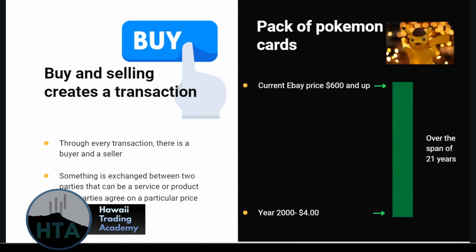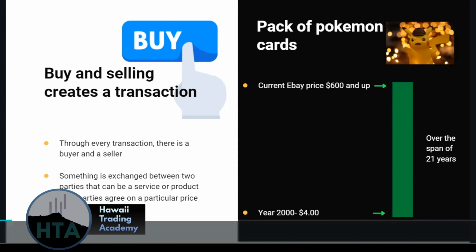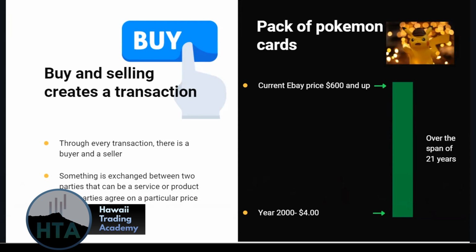At that time, year 2000, I just did some historical research, it was $4. Now for a regular, I think original, pack of Pokemon cards, I looked up last night on eBay, it's going for $600. You know what I mean?